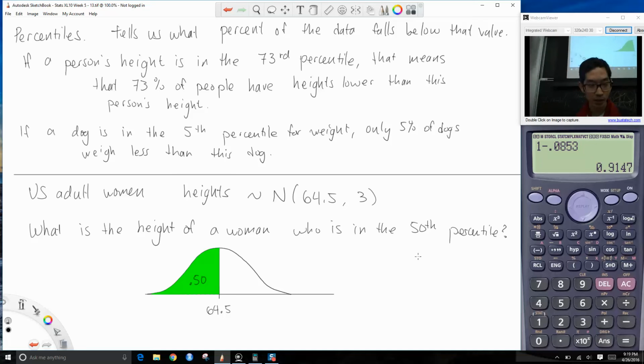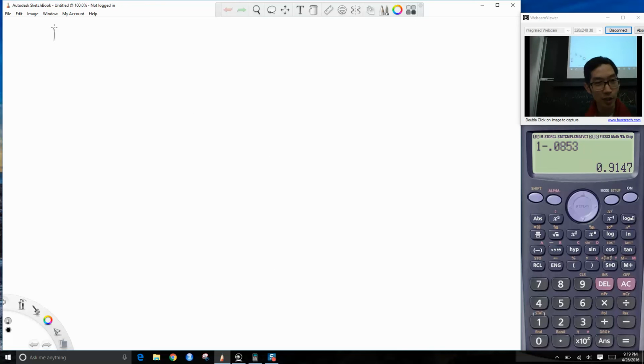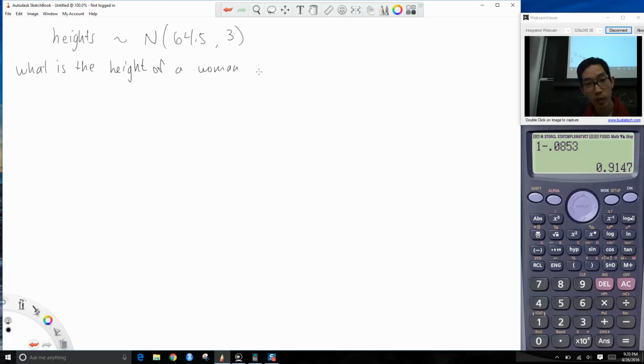Okay, let's take this exact same thing, and let's make it a little bit harder. So we'll say heights, again, come from the normal distribution with a mean of 64.5 and a standard deviation of 3. And now we're going to ask, what is the height of a woman in the, we'll say, 90th percentile for heights, okay?